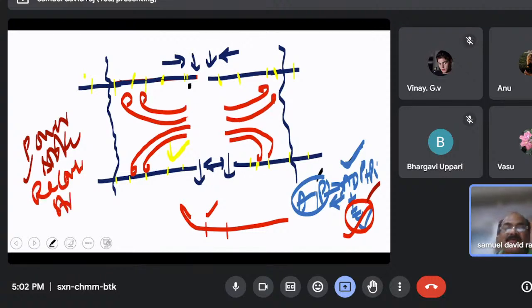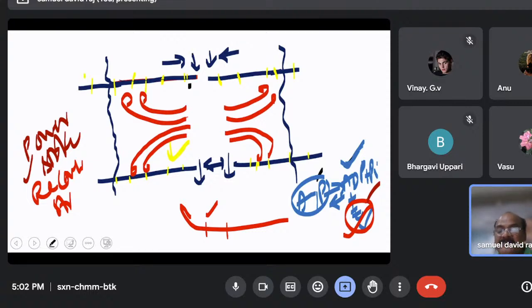So in the power stroke, it is tilted towards the Hensen's disk, and in so doing, it pulls the actin filaments into the Hensen's disk. In the recovery stroke, it comes back to the normal position.